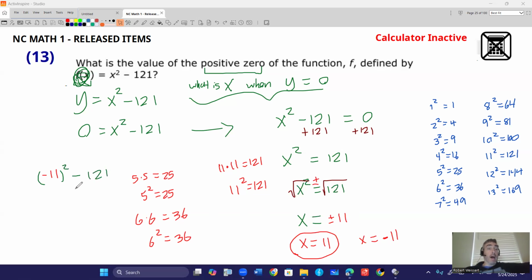You get a positive number. Negative 11 times a negative 11. Two negatives multiply to a positive, right? So that's 121 minus 121, which also gives you 0. So 11 and negative 11 are both answers to this equation. However, the question wants to know the positive. So that's why the answer is just simply 11.